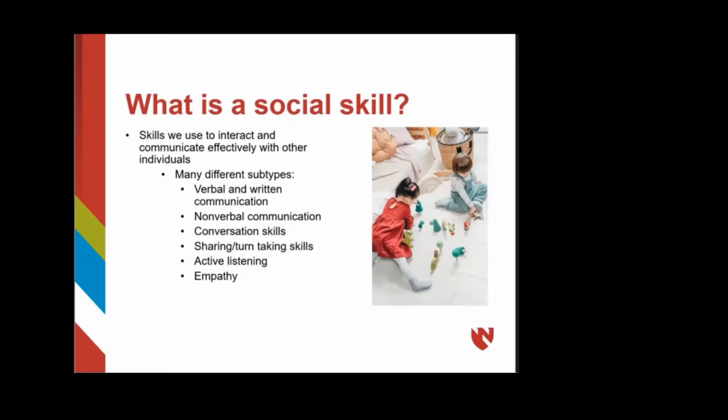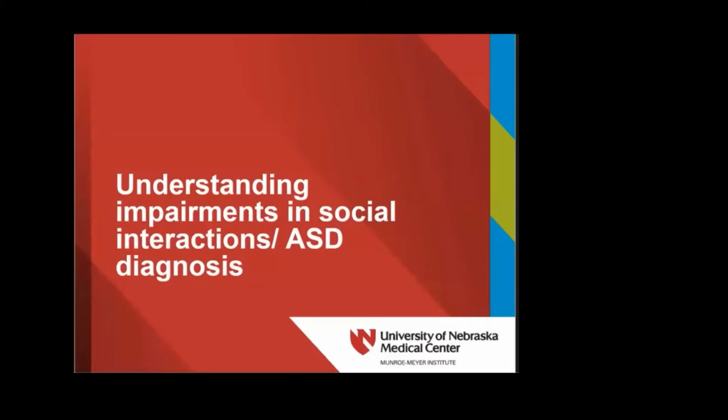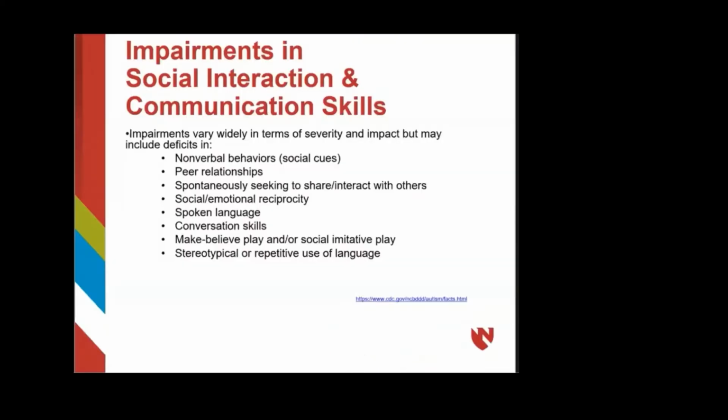Okay, so next we're going to get into understanding impairments in social interactions and ASD diagnosis. One of the core symptoms of an autism spectrum disorder diagnosis is impairments in social interaction and communication skills. Impairments can look like a lot of different things.